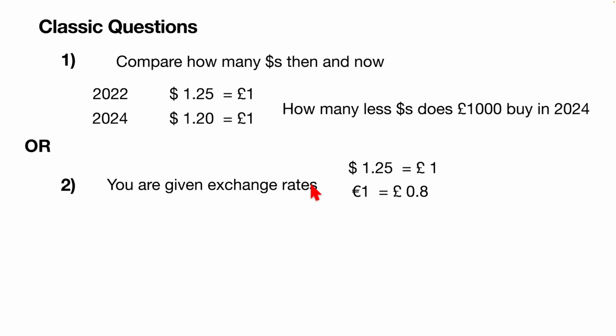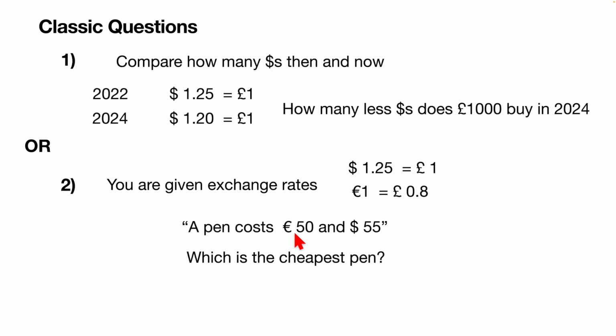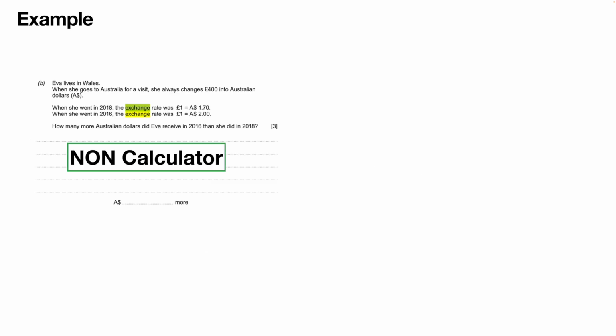And here they are, dollars into pounds, euro into pounds, and then a pen costs €50 or $55. Which is the cheapest pen? Tricksy. We have to convert both of those into pounds sterling. One of them's easy and one of them's going to be tricky. Anyway, let's have a look at an example.